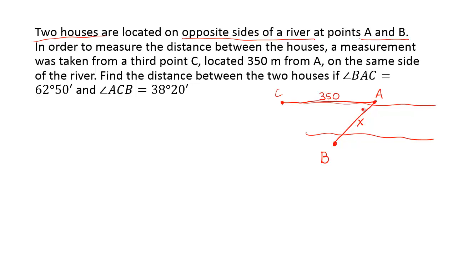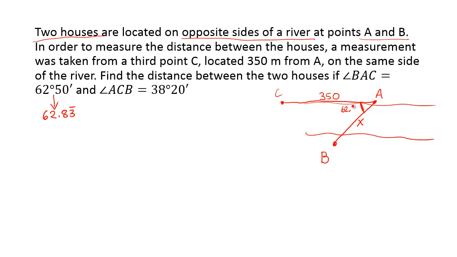If BAC, this angle, is 62 degrees and 50 minutes. So this is 62 and 50 minutes. Now let's convert this to decimal because it's easier to work with then. So this will be 62 plus 50 out of 60, which is 62.83 repeated.